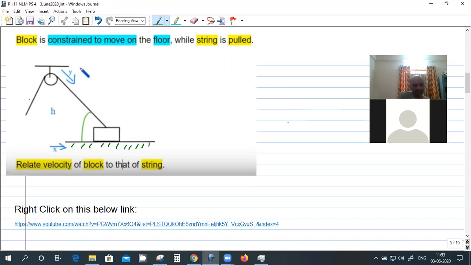And I'm pulling the string this way, so the block will move in this direction. So we have to calculate the component. Let the velocity of the string be, say, Vs, and the velocity of the block be Vb. So what is the relation between Vs and Vb?